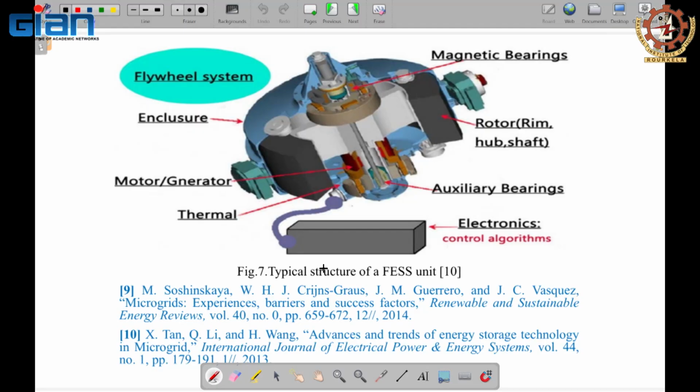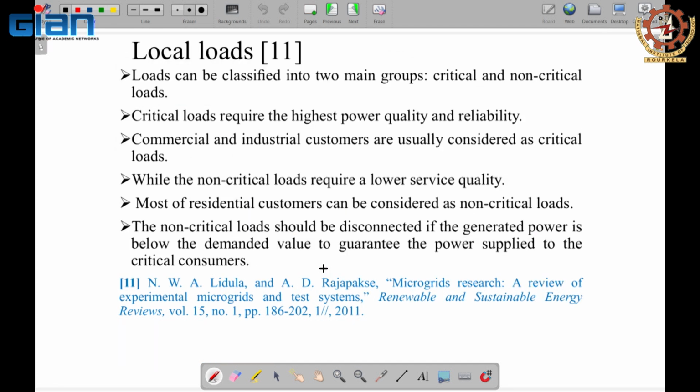And when the energy is needed, the flywheel will discharge the energy. So depending on the duration for which this energy is needed, even in a mechanical system, a flywheel could be an appropriate option. This is one example.